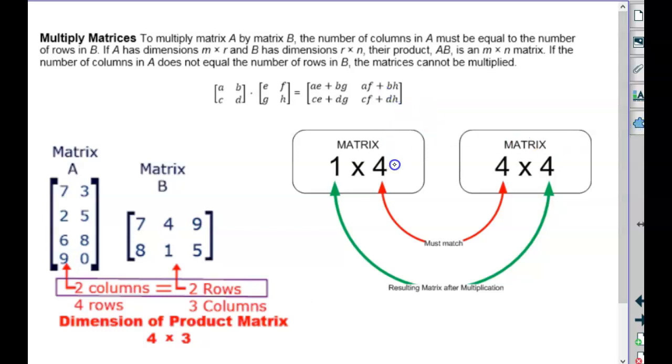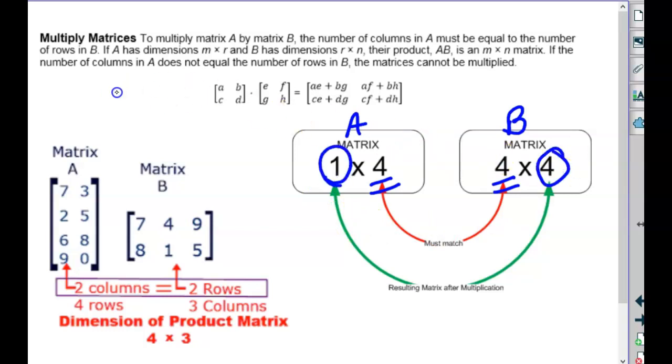I wrote that at the top. When you write this is matrix A and this is matrix B, to multiply them, they do not need to be the same size. What has to be true is this number has to be the same. The resulting matrix will be this size by this size.